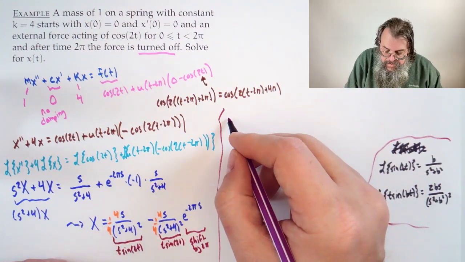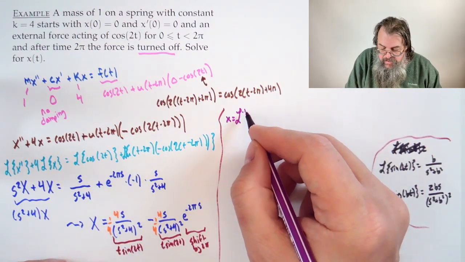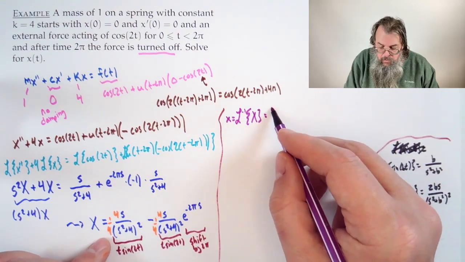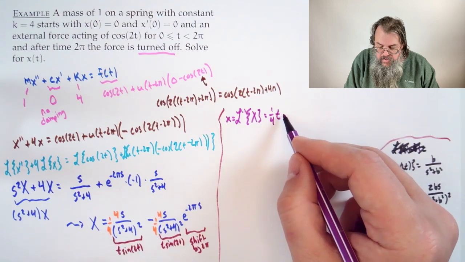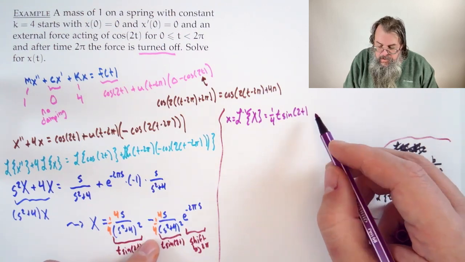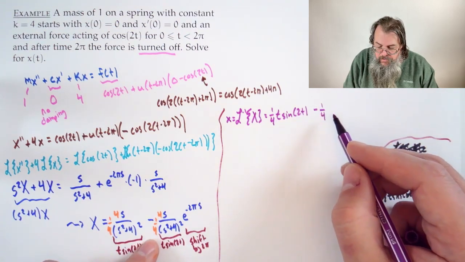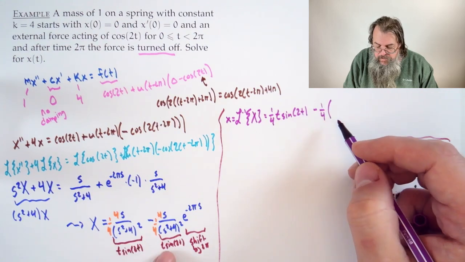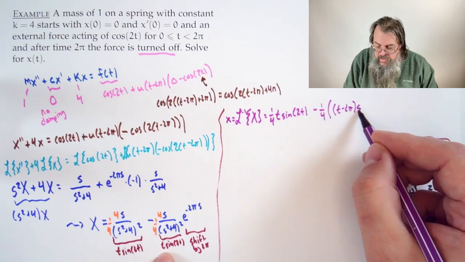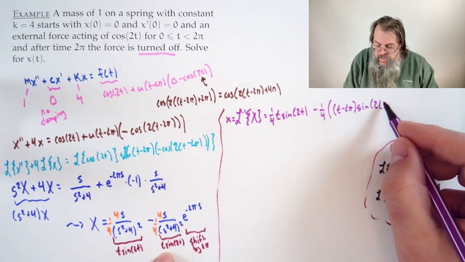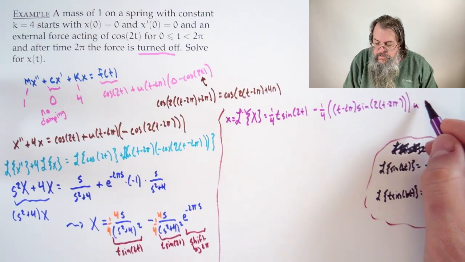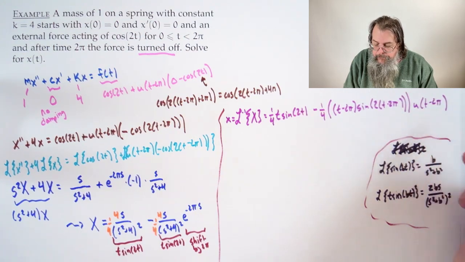Well, so we have little x is the inverse Laplace of big X is 1/4 t sine of 2t, and then minus 1/4, and we have to shift everything by 2 pi, t minus 2 pi, sine of 2 times t minus 2 pi, times u of t minus 2 pi.